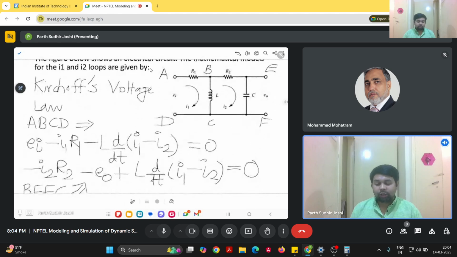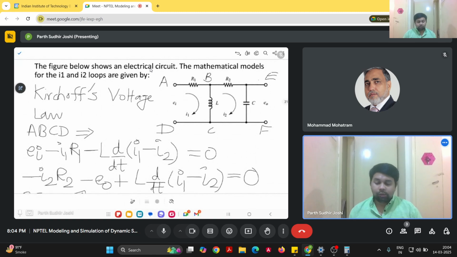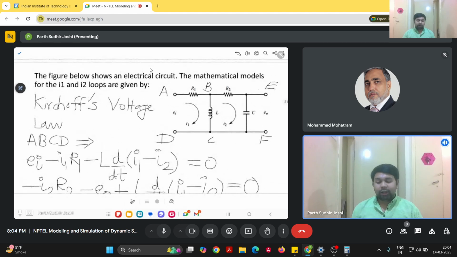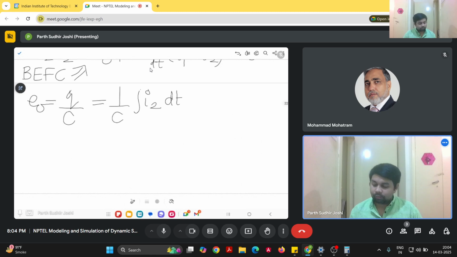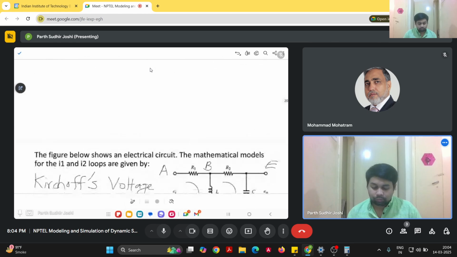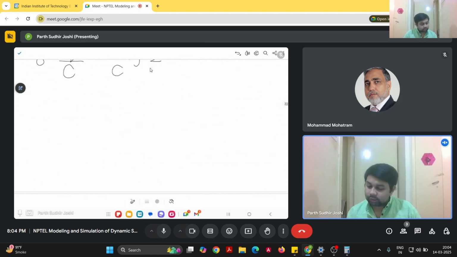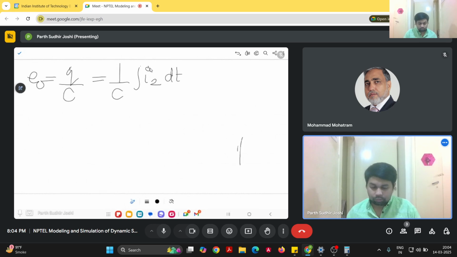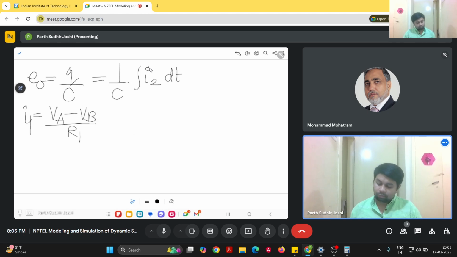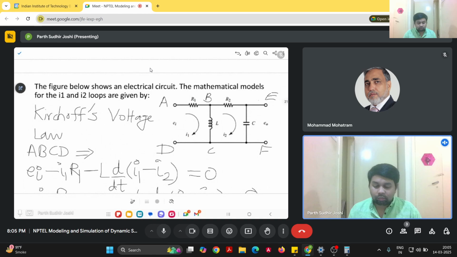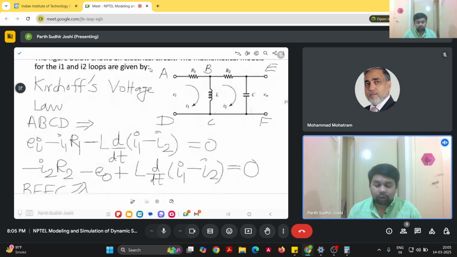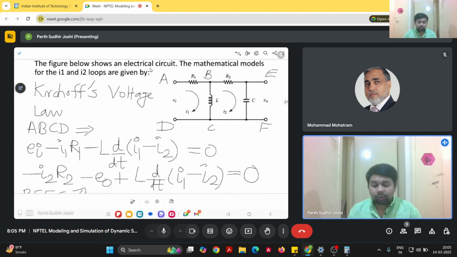For that, we basically identify the junctions like B and E. Let us say the junction B. The current I1 can be written as VA minus VB upon R1, and the current flowing from B to C is I1 minus I2.